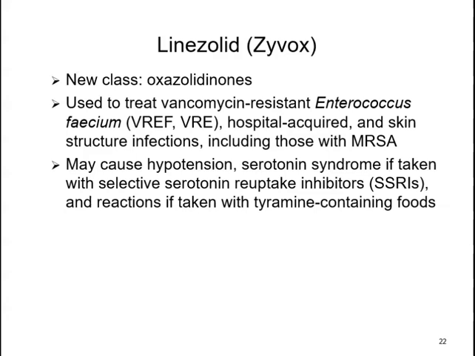It's used for drug-resistant strains of strep. It's used for VRE, complicated skin infections, and also strep pneumoniae, including pneumococcal meningitis. It's actually being investigated for those with multi-drug resistant tuberculosis.